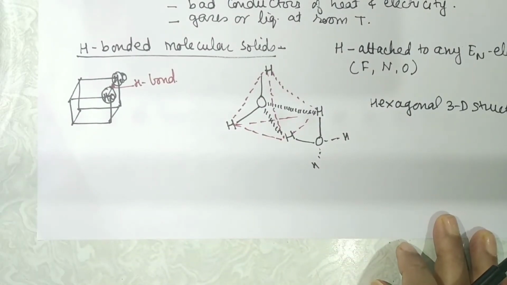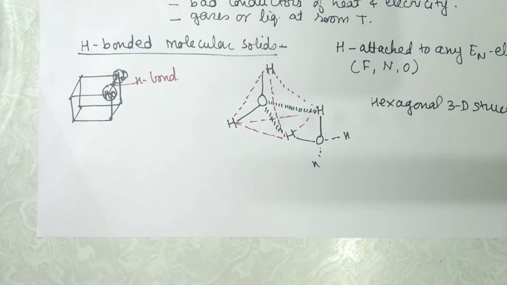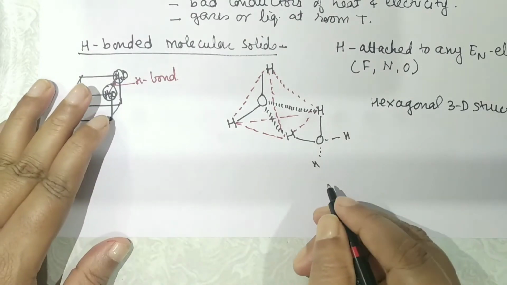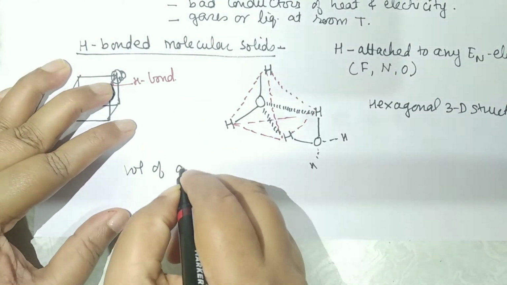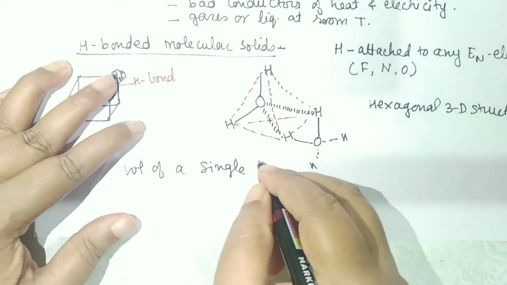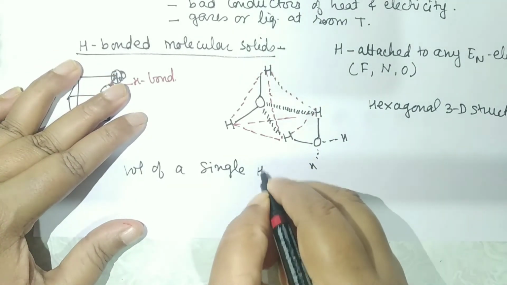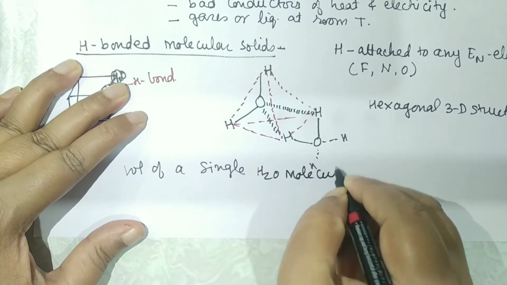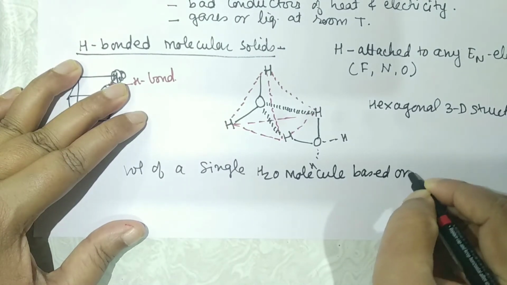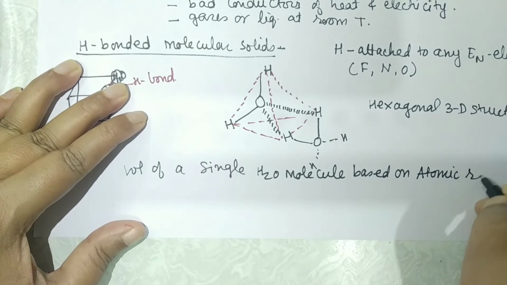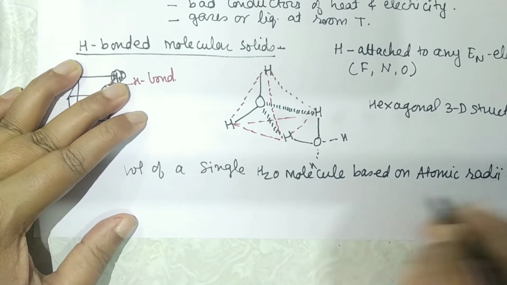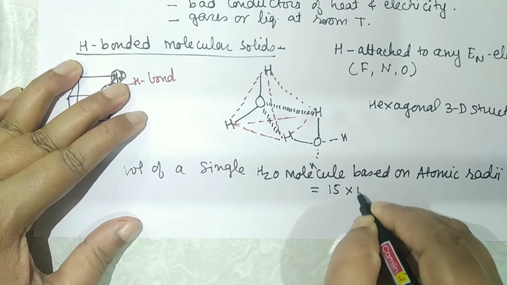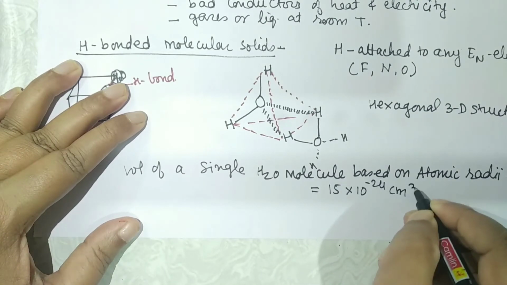Students, from the knowledge of atomic radii of hydrogen and oxygen atoms, the volume of a single water molecule is found to be 15 into 10 raised to minus 24 cubic centimeter.